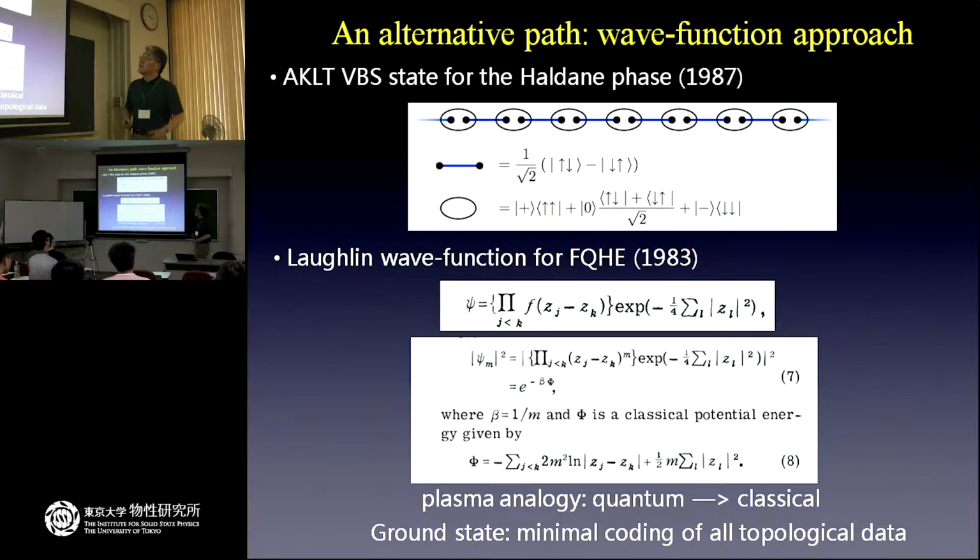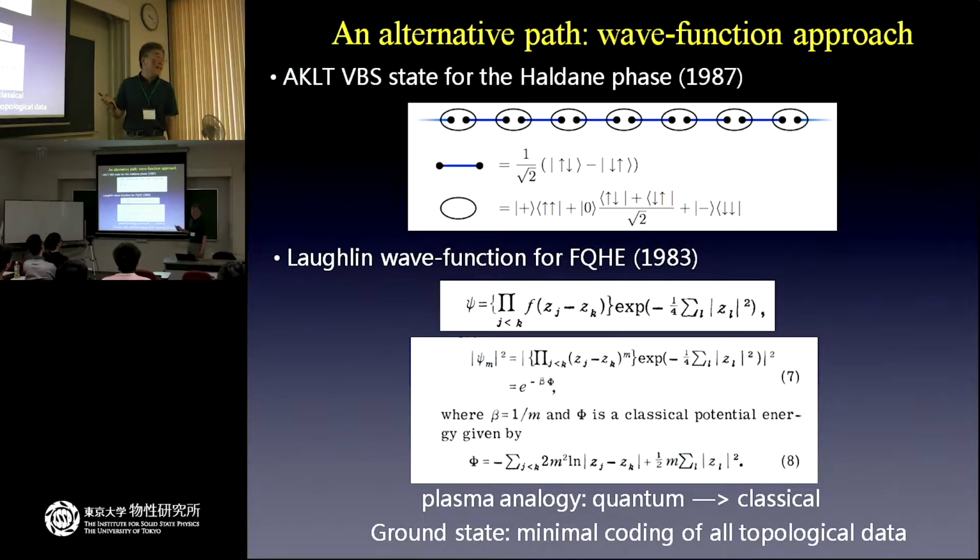Before that, previously a lot of work has been done, but the puzzle hasn't been resolved. So for us, in order to solve this puzzle, we should find an alternative way to approach this problem. The method we would like to propose is the wave function approach.